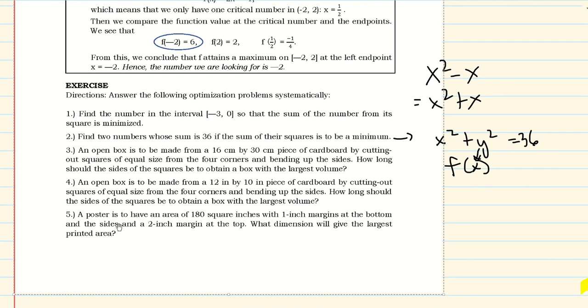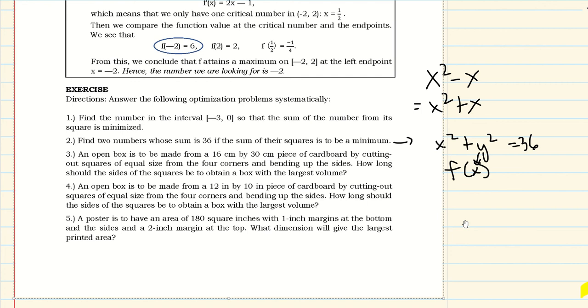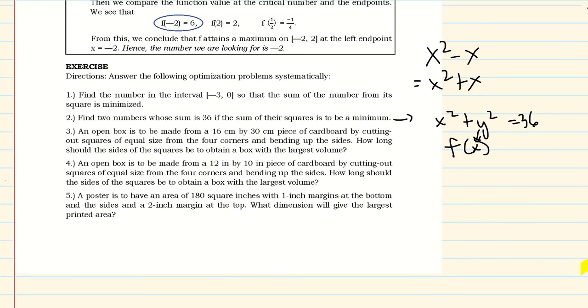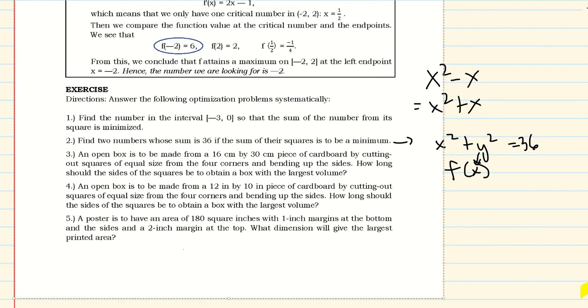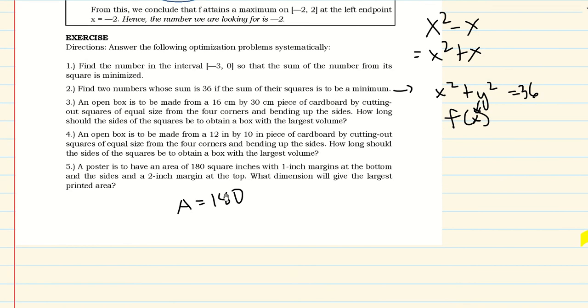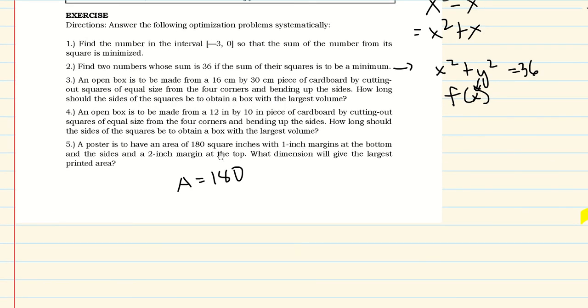And this poster is to have an area of 180 square inches with 1 inch margins. This is also a tricky question because first you have a given area which is 180, and then you have 1 inch margins at the bottom, 1 inch.